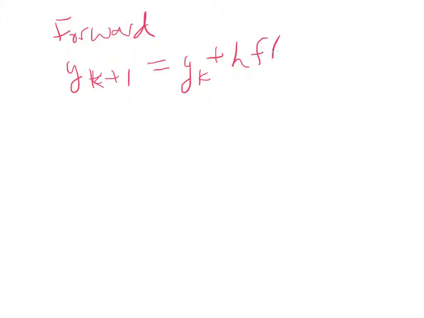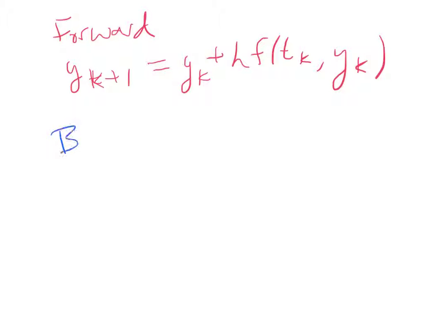The forward Euler's method, which we've used in class, simply calculates the next step. So y sub k plus 1 equals y sub k plus h f of t sub k, y sub k. This is called an explicit form because you're able to find the next term y sub k plus 1 in terms of the previous terms.